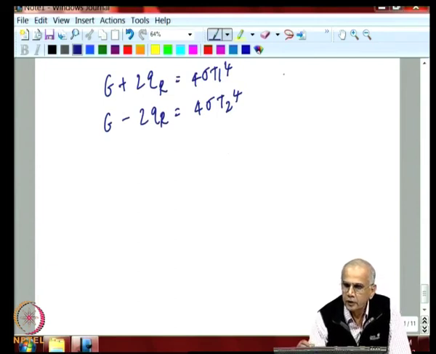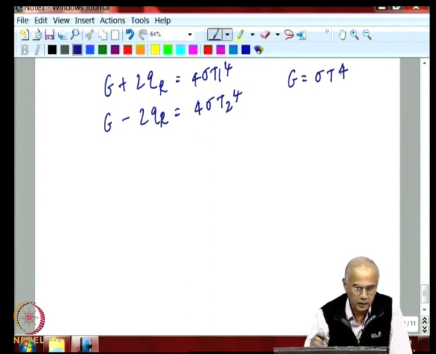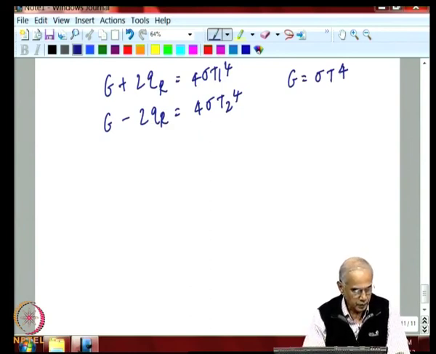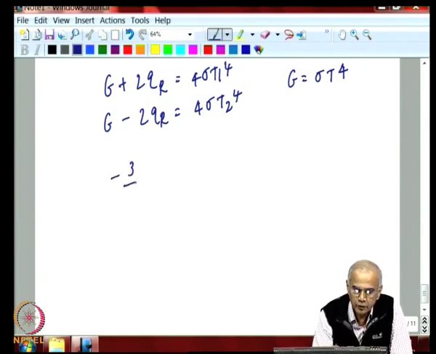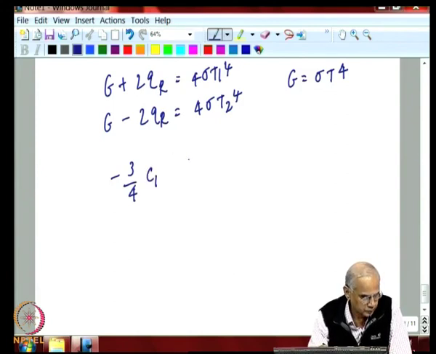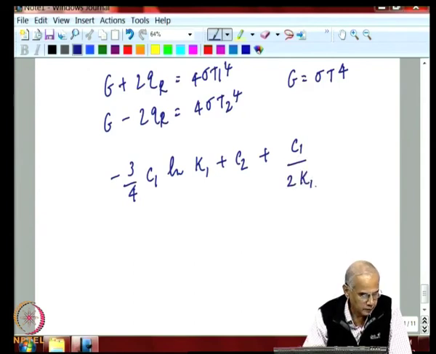And under radiative equilibrium, we know that G is anyway equal to sigma T to the power of 4. That also we recall, and hence substitution of all this into the two equations will give you 3/4 C1 log kappa 1 plus C2, that is the heat contribution, and C1 by 2 kappa 1 will be equal to sigma T1 to the power of 4.